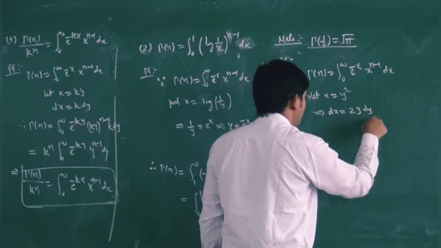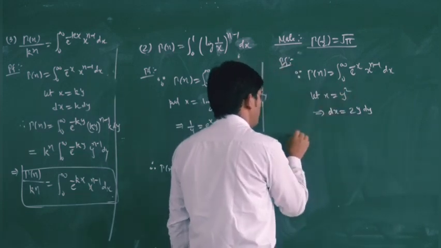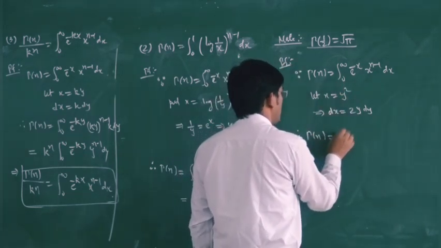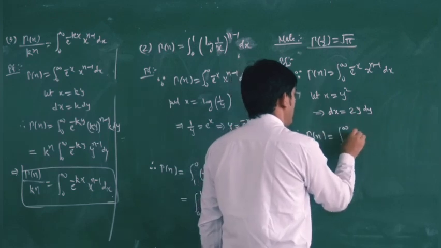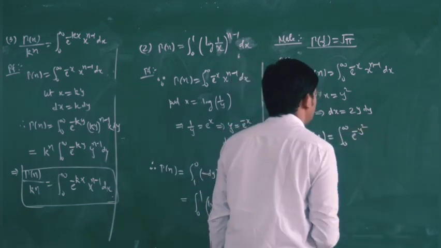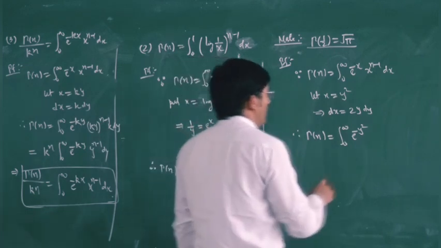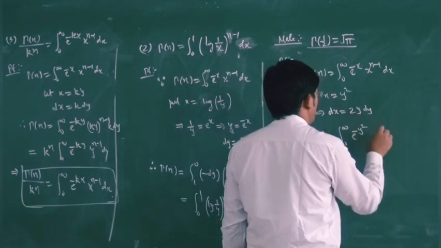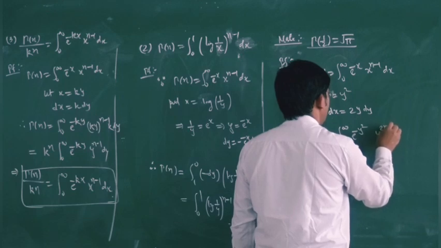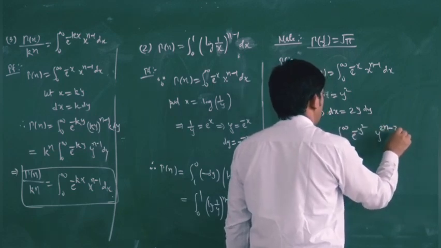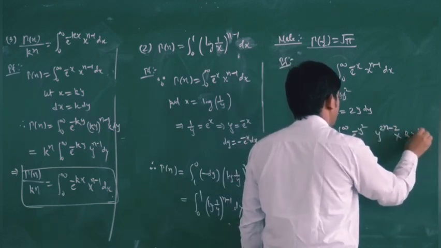So this is my x, so put the value of x here. We have gamma n equal to integral 0 to infinity e power minus y square, and the value of x is y power 2n minus 2, then dx is 2y dy.